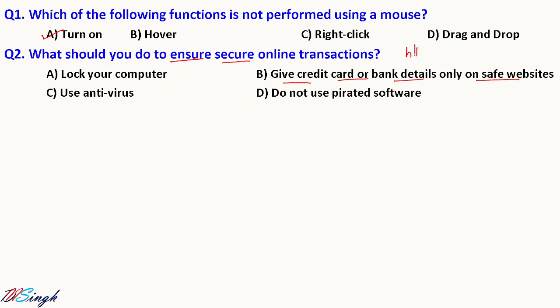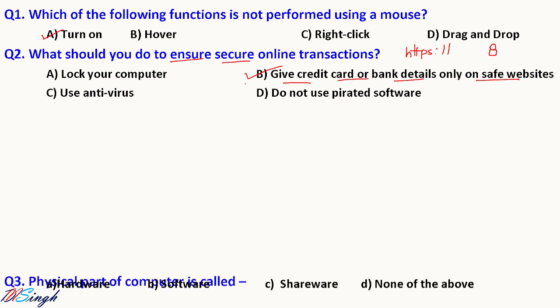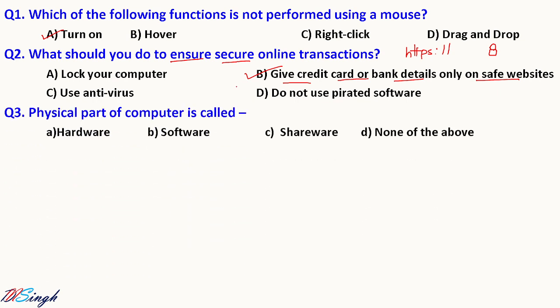If it is having HTTPS in its URL, or you can see a lock sign over there in the search bar of your browser that says it is having HTTPS. You should not select lock your computer, use antivirus, do not use pirated software. So the most appropriate option for this particular question is give credit card or bank detail only on safe website. Let us go for the question number third.